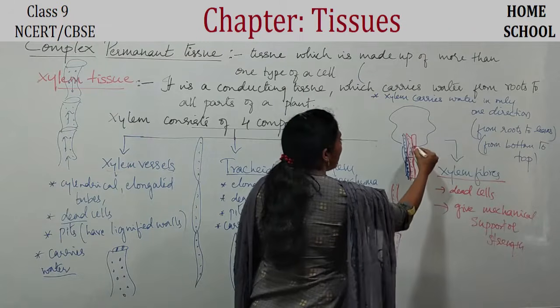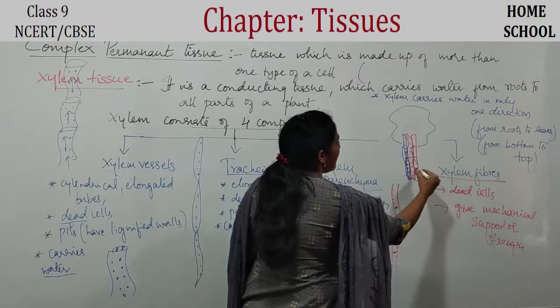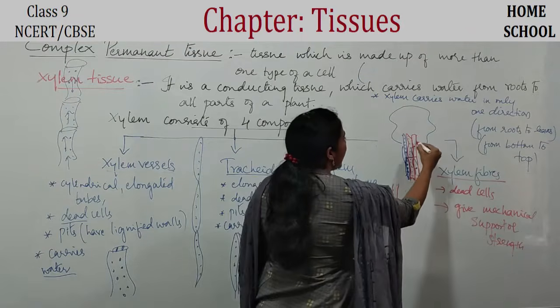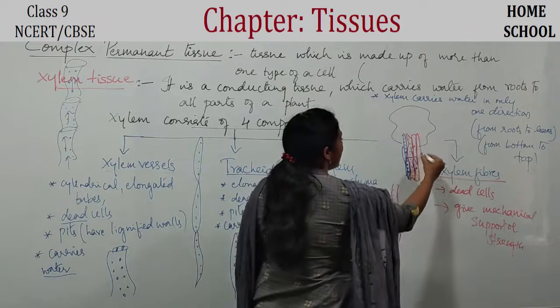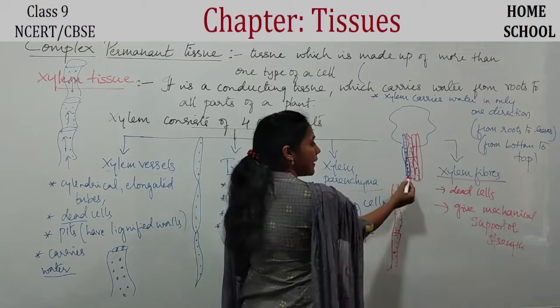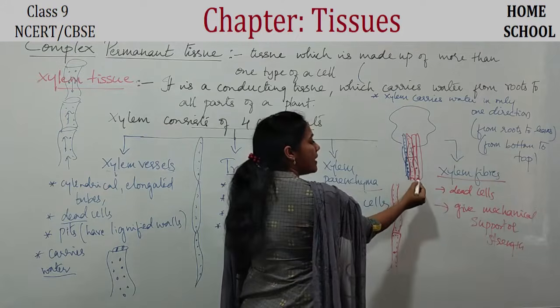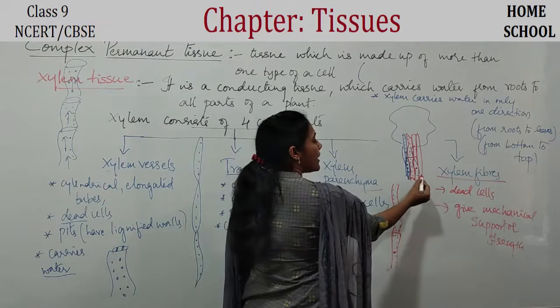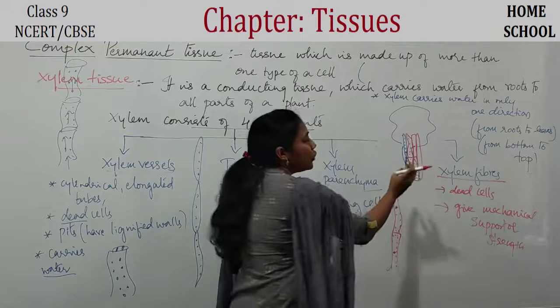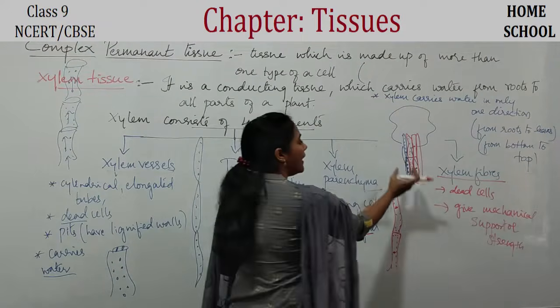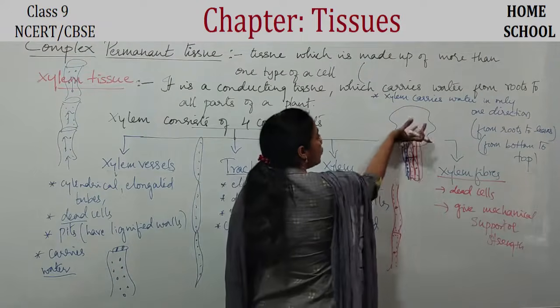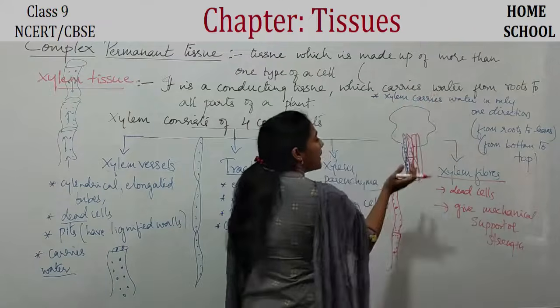This is one xylem parenchyma cell. This is another xylem parenchyma cell. Then xylem fibers, like this. So this is a tracheid, this is a vessel, xylem parenchyma, xylem fibers. All the 4 components will stay together and it will run from bottom to all parts of a body.